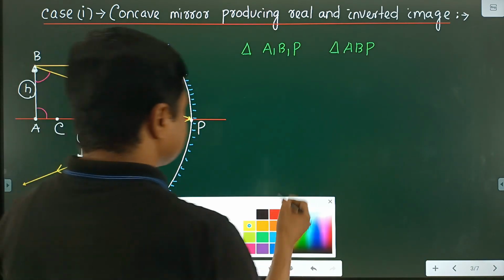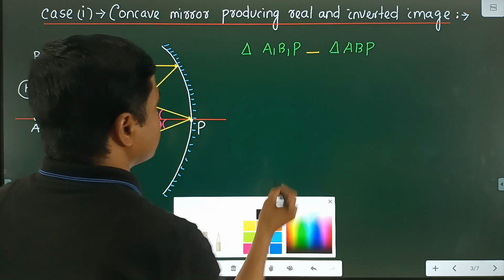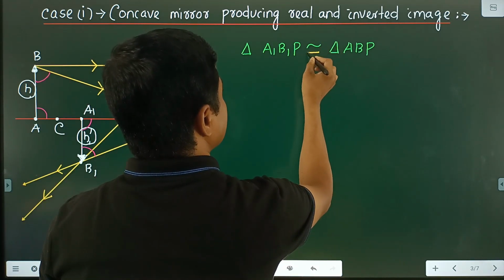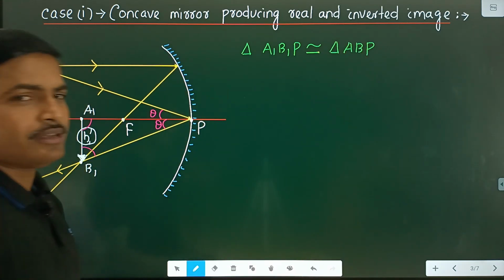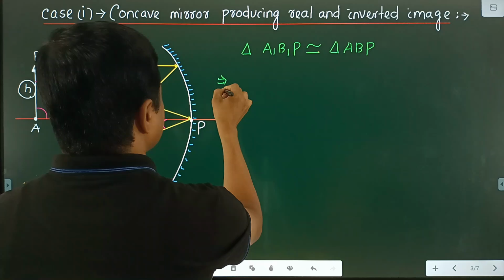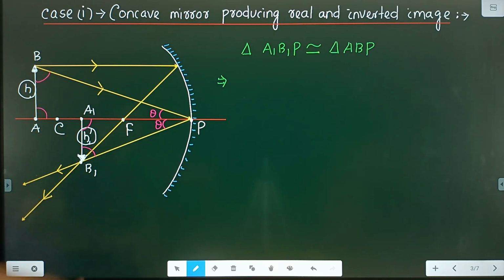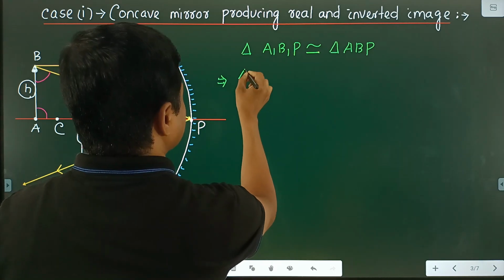If both the triangles are similar, we write triangle A1, B1, P is similar to triangle ABP. Then we take one side of the first triangle, that is A1, B1 side, and A1, B1 is perpendicular to the principal axis.